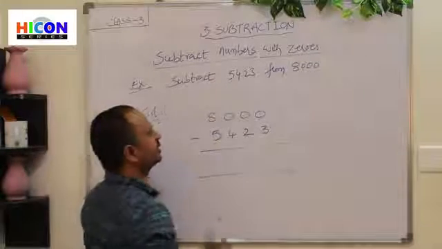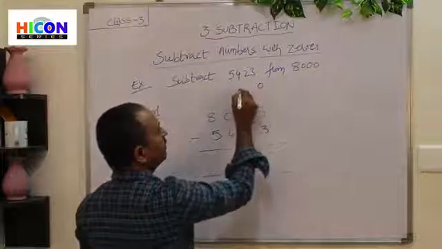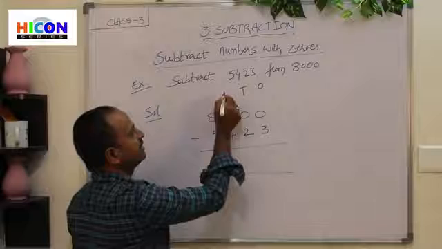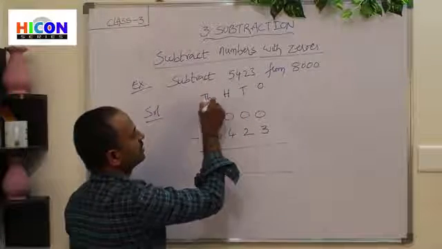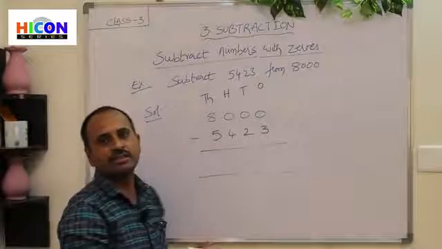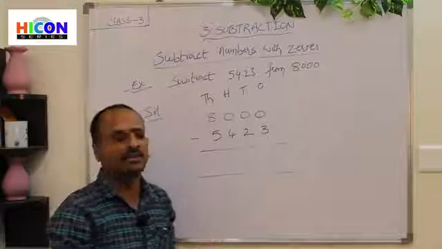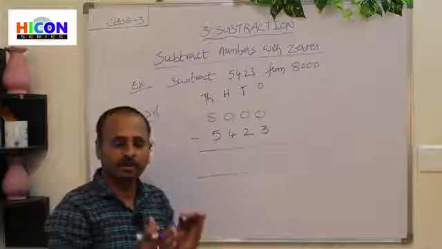So mention the places. This is ones place, this is tens place, this is hundreds place, and this is thousands place. While writing the numbers one below the other, we have to take care that all the numbers should be in their corresponding places.